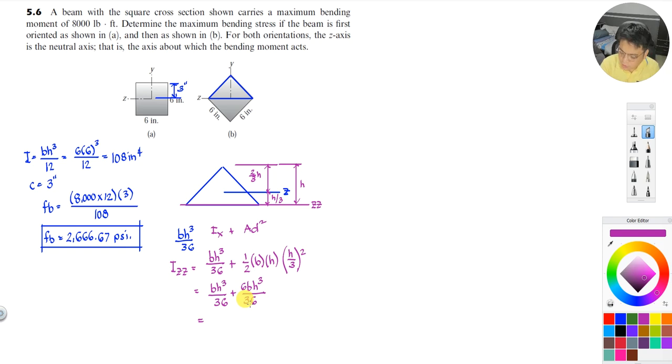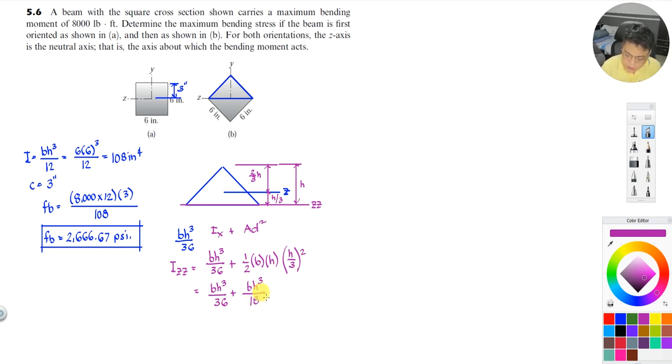Okay, so I hope you got that. Ginawa ko lang similar fraction. Tama ba? Sorry. Oop, this is 9 pala. Kasi 3 squared, 9 times 2. Actually, this is 18. Okay?